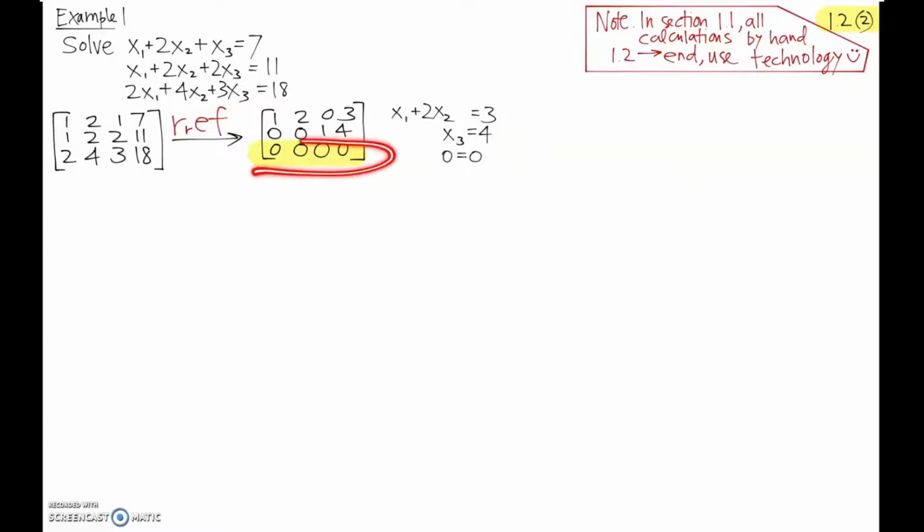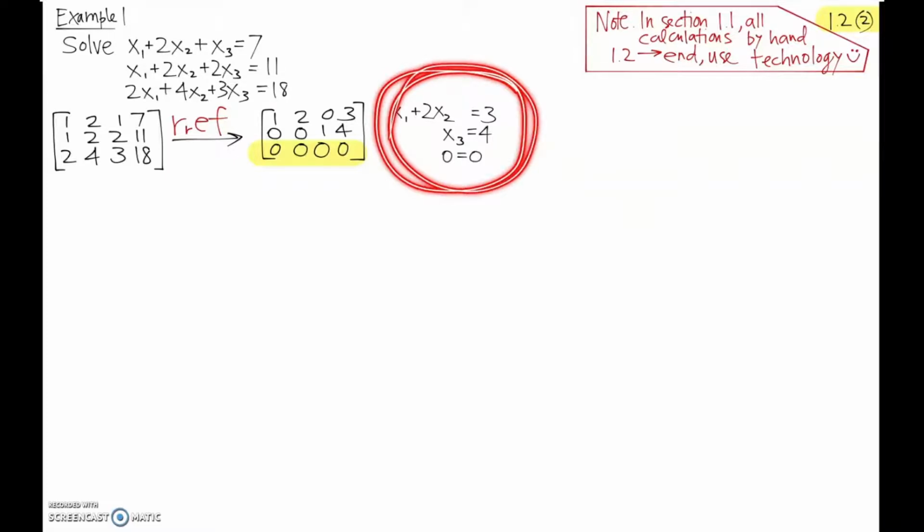But this does tell us that we are in a dependent system, and these are going to lead us to an infinite number of solutions. It's not like the unique solution just popped out. All we have is a relationship between the variables, and we're going to try to construct the solutions from those.